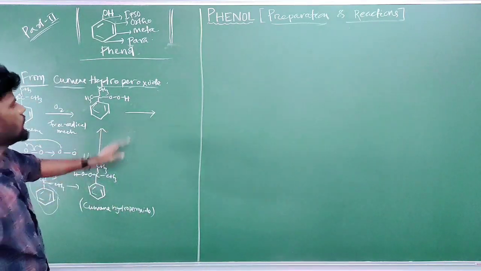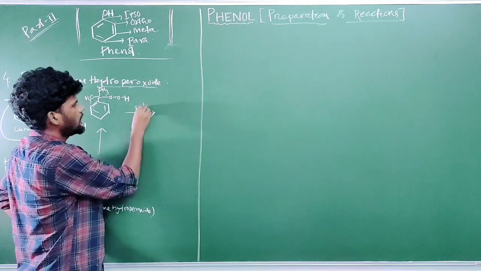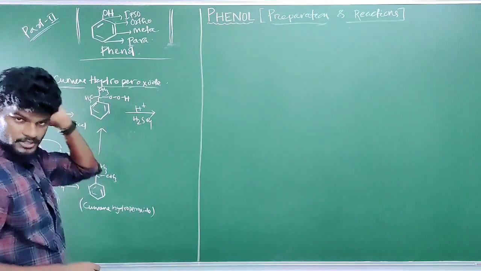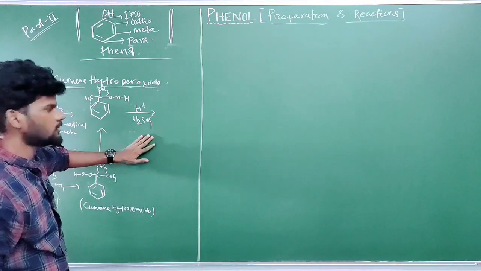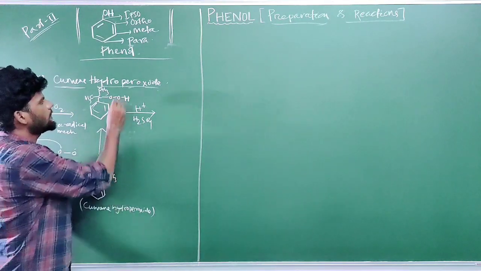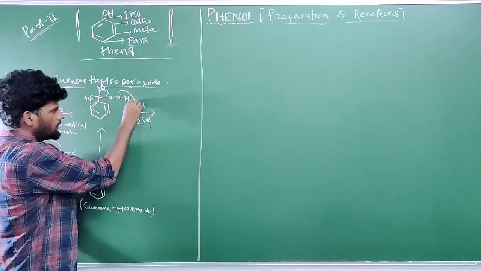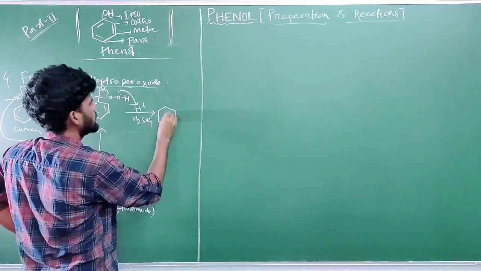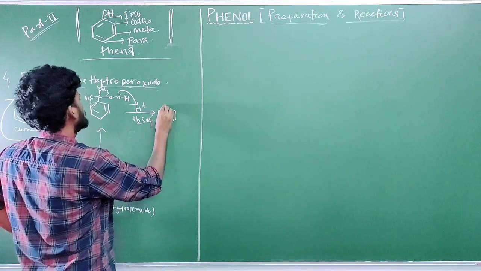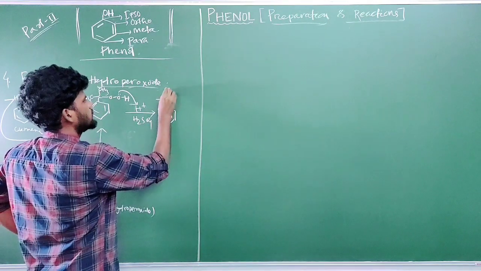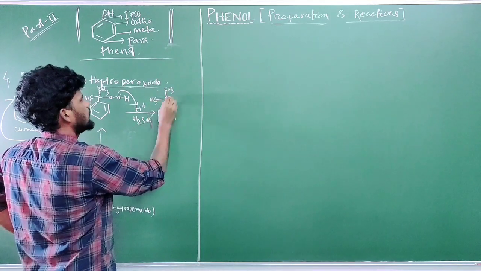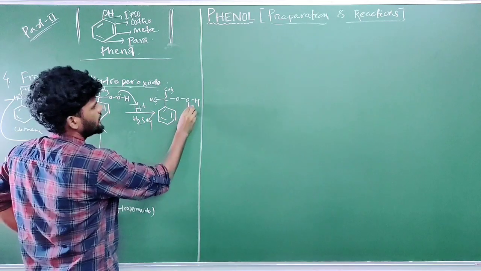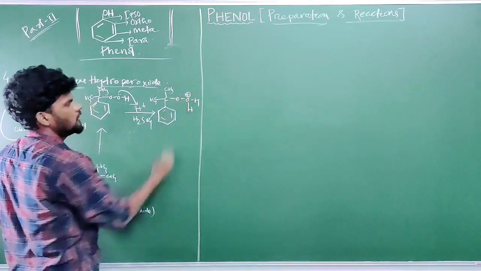Okay, if you give acid, any acid, let us suppose H2SO4, if H2SO4 dissociates, it will form H plus and HSO4 minus. The H plus will be taken by this oxygen lone pair, which takes the hydrogen here to form what? To form CH3, and here the oxygen takes the hydrogen by donating its electrons, so positive charge over oxygen.